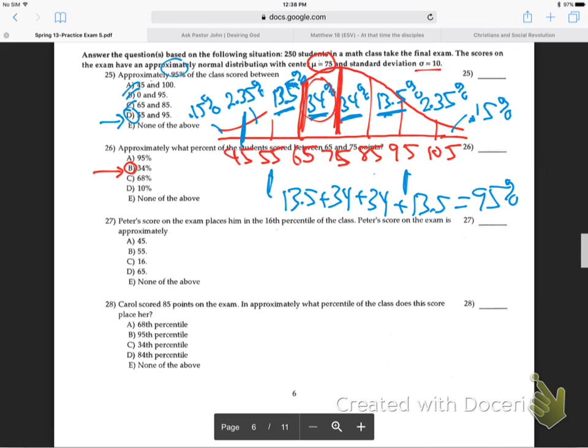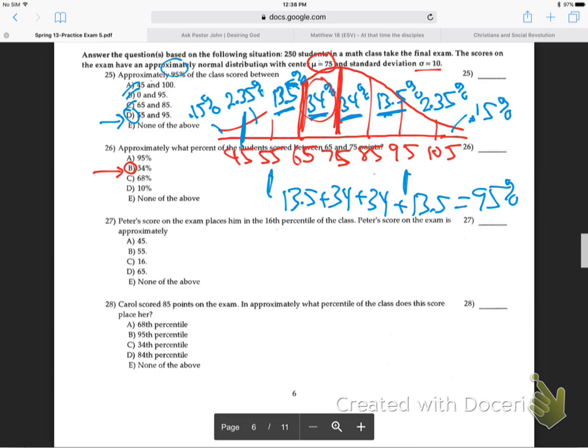27. Peter's score on the exam places him in the 16th percentile. What do you get? Now, what does that mean? 16th percentile. What if you take some exam or got a baby's weight? What does the word percentile mean? Percent below. So you got to know that clearly.